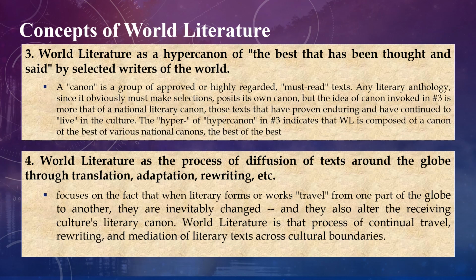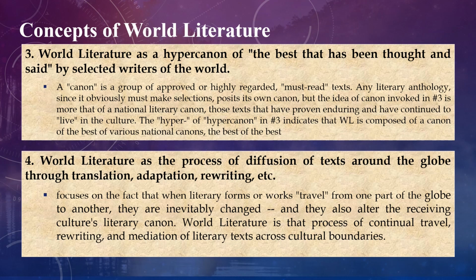Any literary anthology, since it obviously must make selections, posits its own canon, but the idea of canon invoked in number three is more that of a national literary canon, those texts that have proven enduring and have continued to live in the culture. The hypercanon indicates that world literature is composed of the best of the various national canons, which is the best of the best.